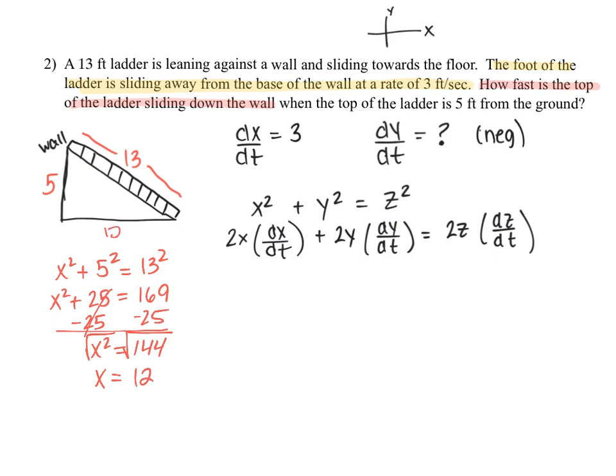So the x distance is now 12. So we've got 2x, which is 12, dx/dt, which is given, which is 3, plus 2, the y value is given, which is 5. dy/dt is what we want to find, so we'll leave that as dy/dt.